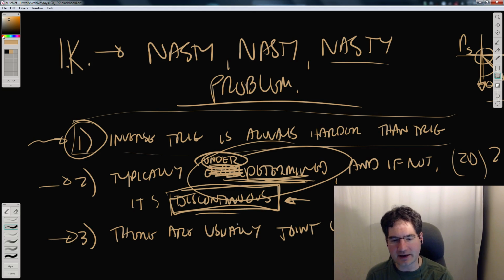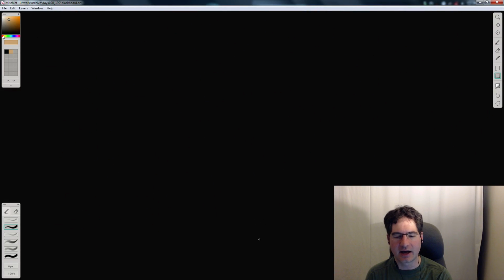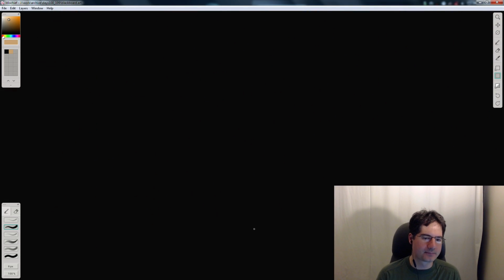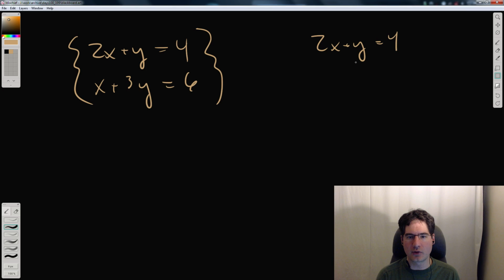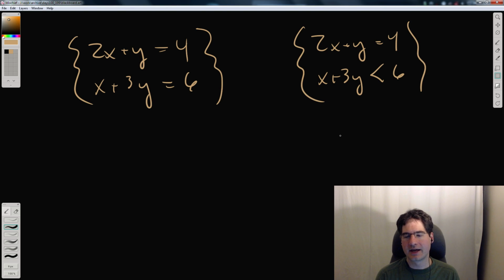So the reason is because math is really bad at inequalities. If I tell you to solve the equation 2x plus y equals 4 and x plus 3y equals 6, this is what math excels at really, really well. If instead I tell you to solve 2x plus y equals 4 and x plus 3y is less than 6, well, this doesn't really help all that much.